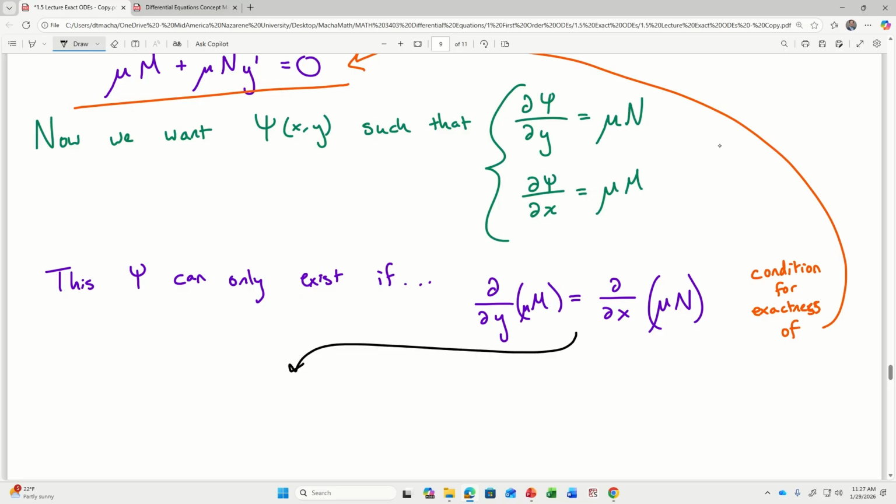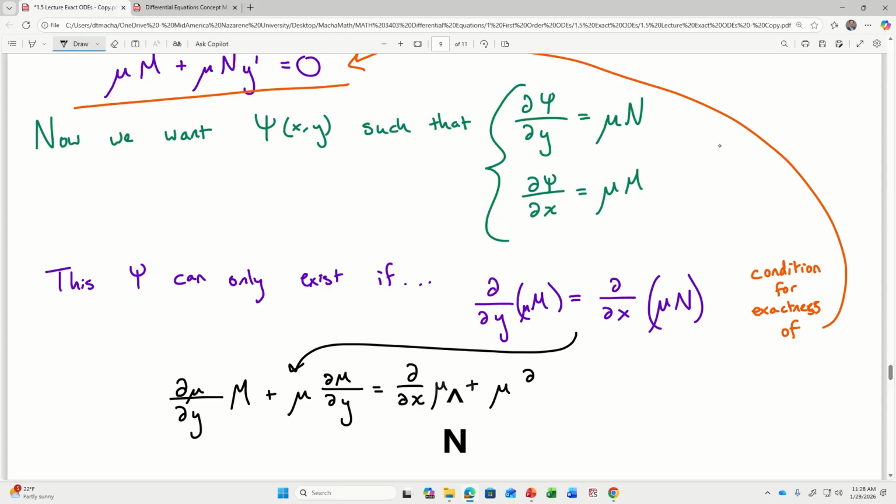The derivative product rule would tell me I take the partial of mu first with respect to y times m plus mu times the partial of m with respect to y. And on the right side, this would be the partial of mu with respect to x times n plus mu times the partial of n with respect to x.